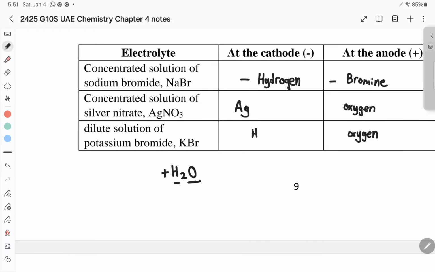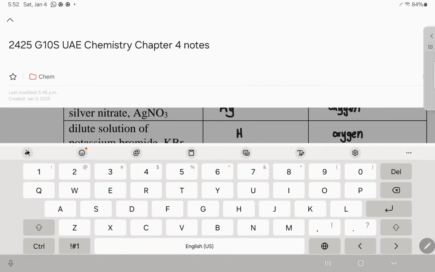If you have AgNO3, between Ag and H plus, Ag is going to have a higher tendency, so you're going to have Ag at the cathode. Between NO3 and OH, you're always going to have OH, which is going to form oxygen, O2 gas, at the anode.